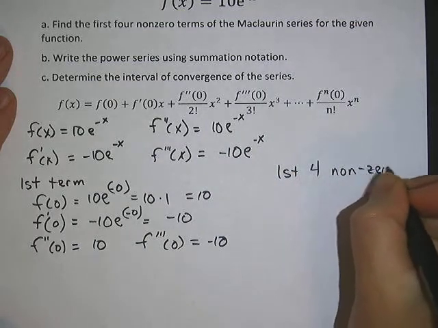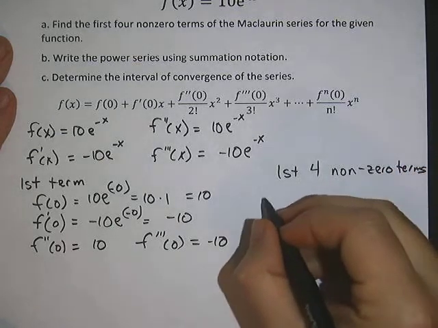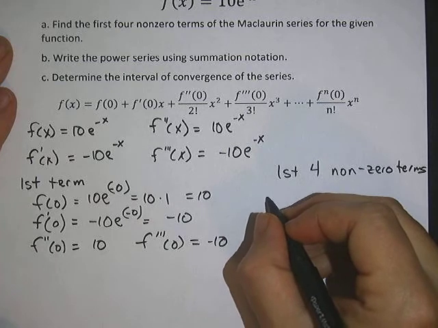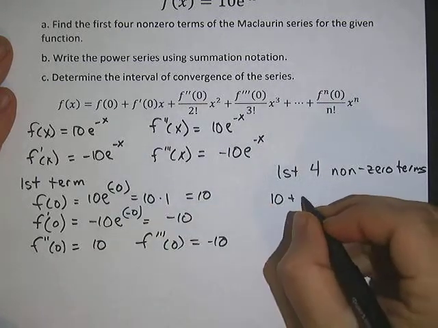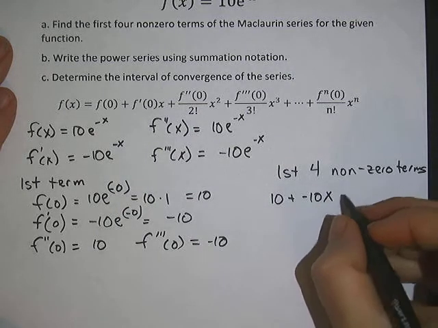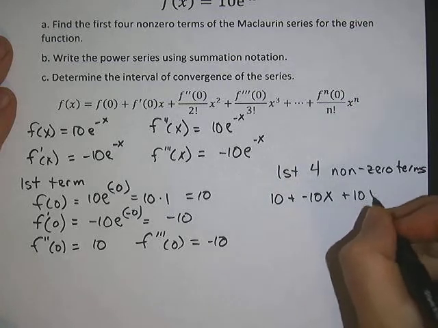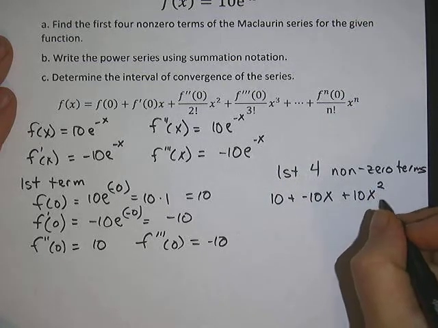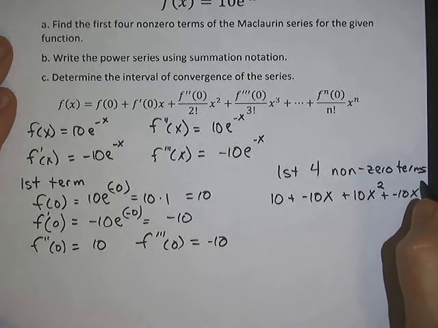So the first four non-zero terms are going to be: the first term is 10, plus negative 10x, plus a positive 10 x squared, and then plus a negative 10 x cubed.